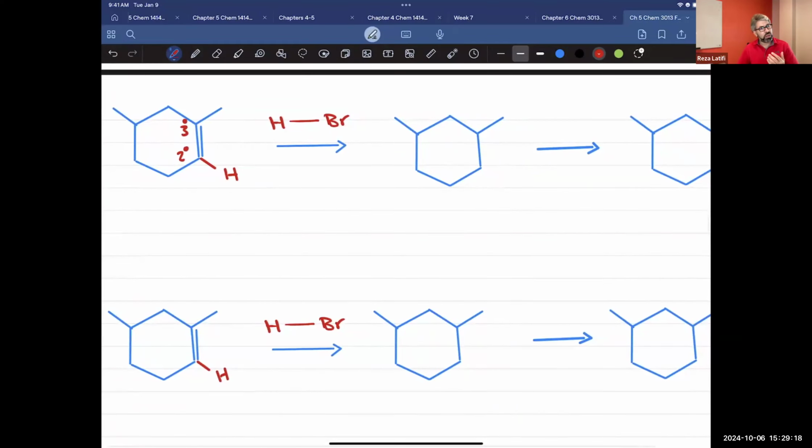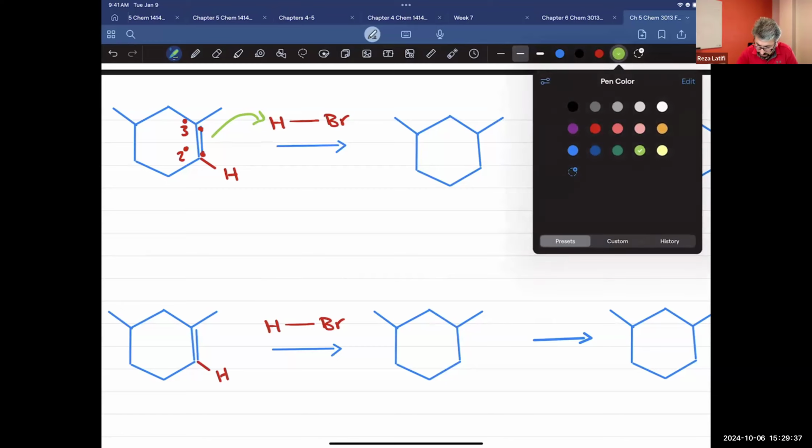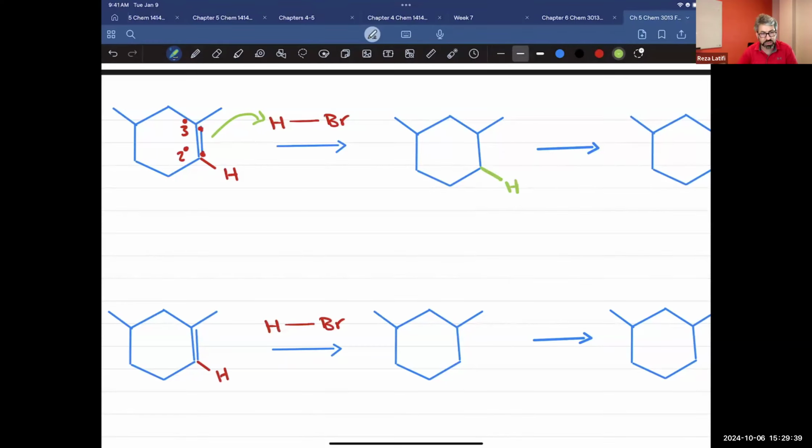Now, there are 2 possibilities. One possibility is, let's say, those 2 electrons of the double bond will go after hydrogen, and hydrogen will be added to a carbon that has more hydrogen.